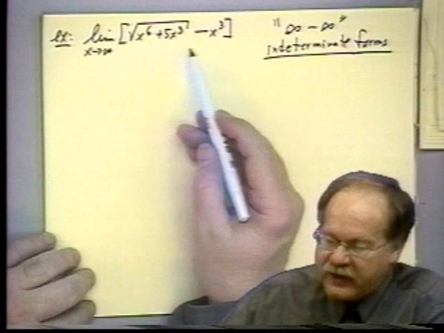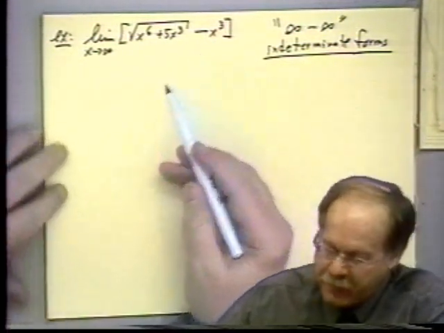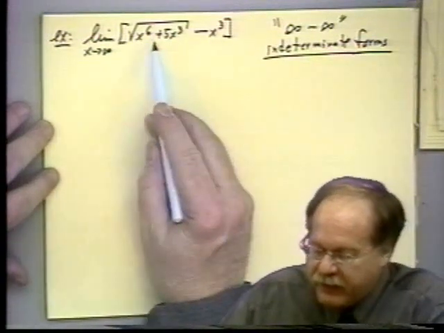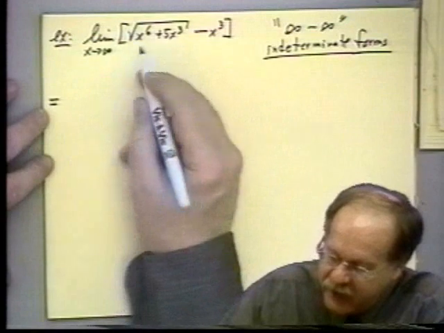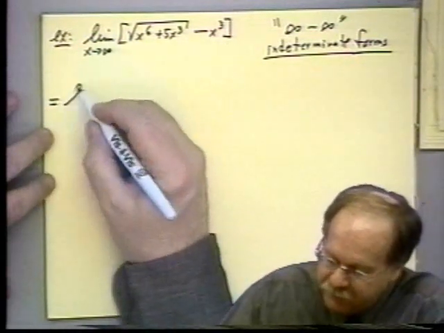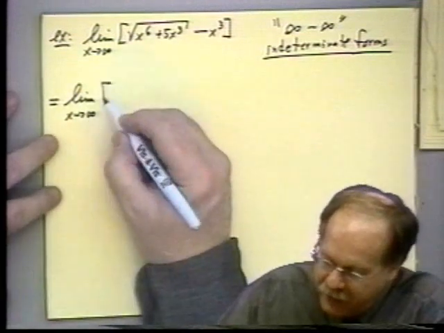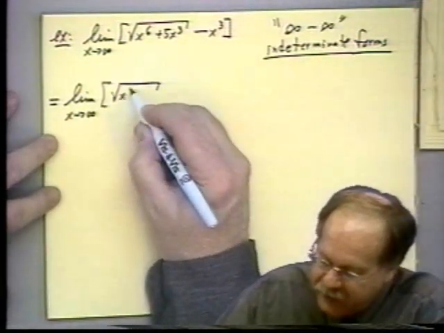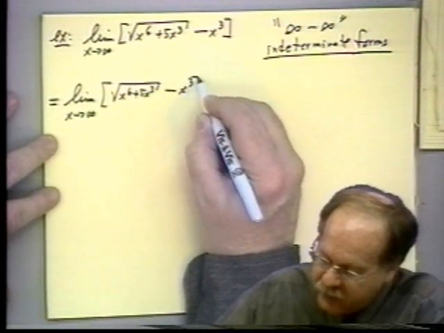So we need to find some algebra that we can do here that will allow us to find out what this limit is. This is a difference, and this difference suggests the technique that we're going to use. This is very standard for this kind of a problem. So I take the limit as x goes to infinity, and let me rewrite this. X to the 6th plus 5x cubed under the square root minus x cubed.